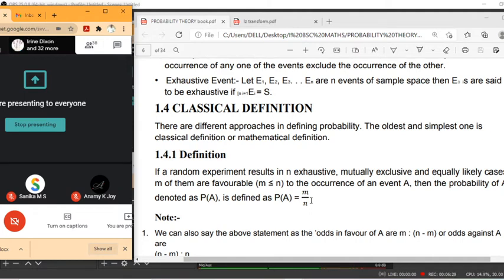So there are 3 methods for assigning probabilities. Among the 3 methods, first one is classical definition. In the classical definition, you are assigning probability to a particular event by m/n, where m is the number of favorable cases and n is the number of all cases. Okay.